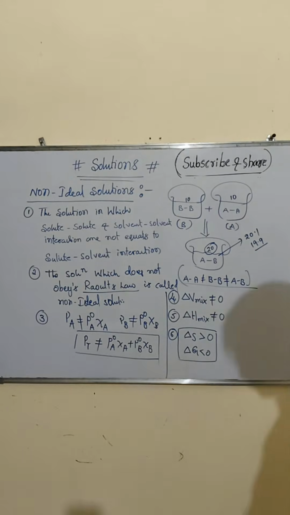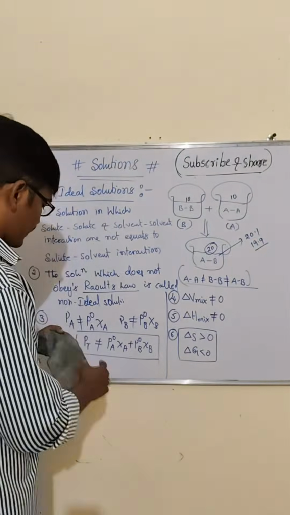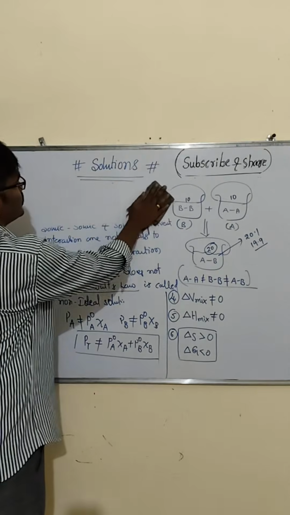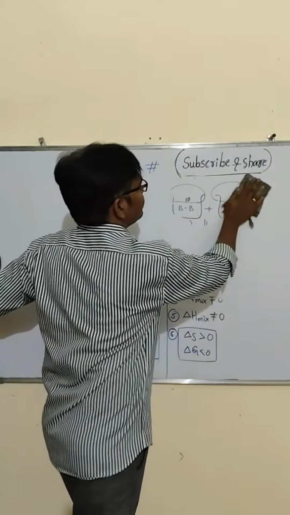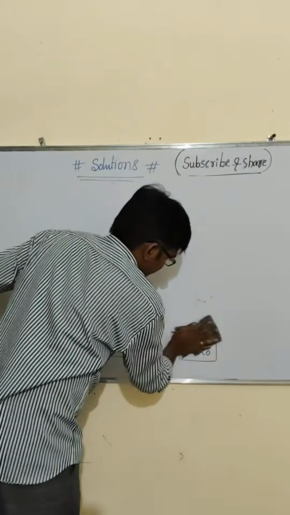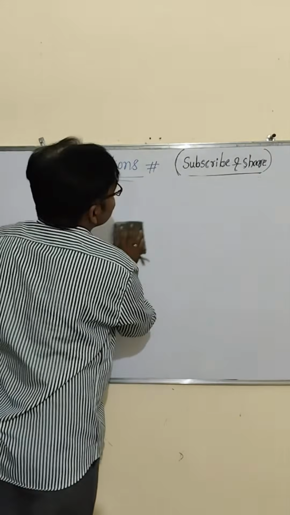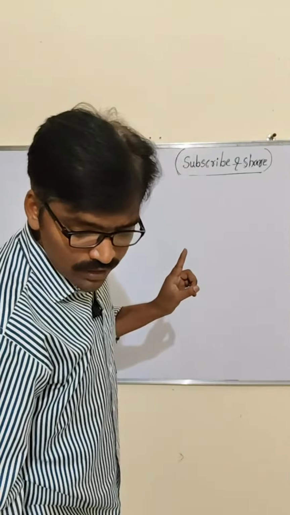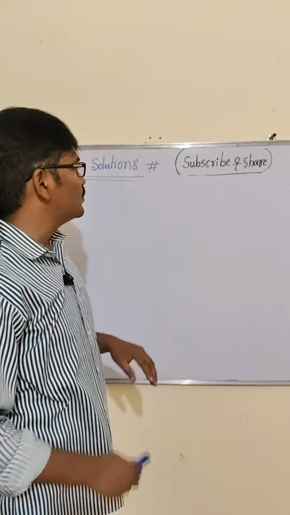Next we have to discuss the positive deviation of non-ideal solutions and the negative deviation of non-ideal solutions. Non-ideal solutions are of two types: one is the positive deviation of non-ideal solution, and the other is the negative deviation of non-ideal solution.